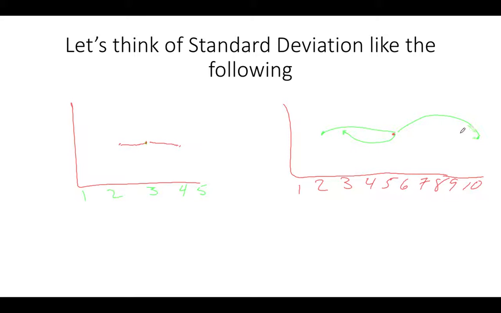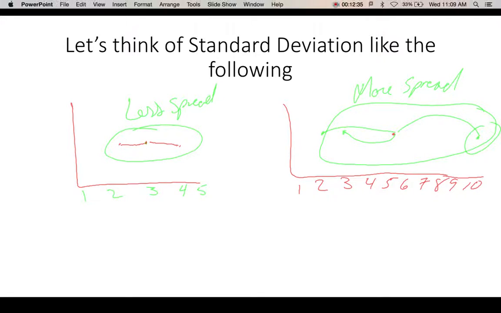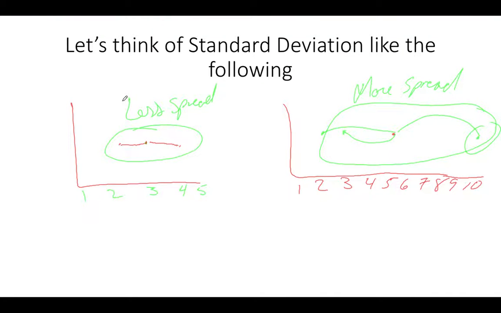Essentially, in this case there's more spread in our scores because of this outlier. That outlier is pulling my mean higher, making it look like we have a lot more spread. In the other example, there's less spread because all my scores are very close to the mean, which is that green dot right there. If you want, you can draw a circle over that so you can see how much spread there is. So there's a lot more spread in this example than there is here.